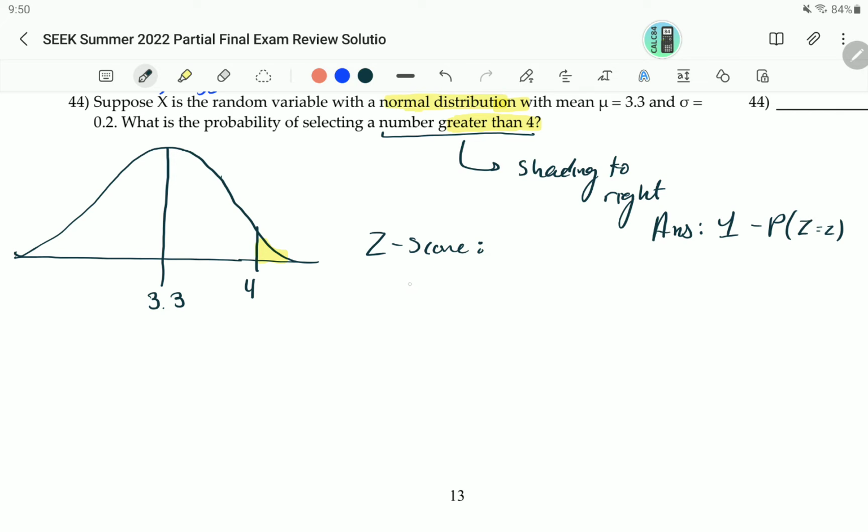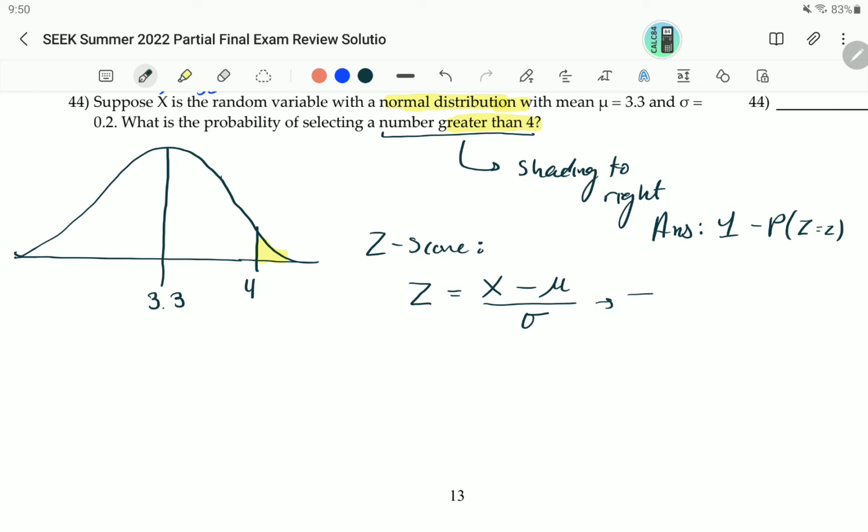To find the z-score, z is equal to your data value minus your population mean, which is mu, divided by sigma, which is the population standard deviation. X can also stand for raw score.